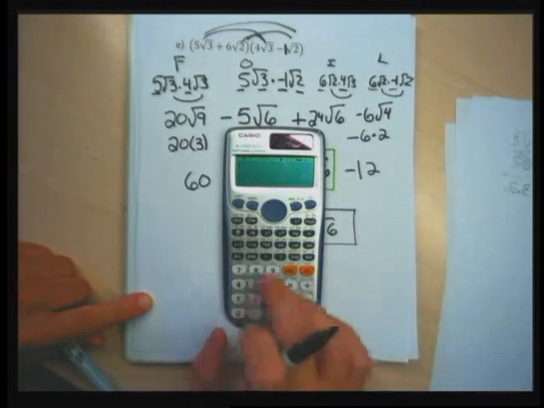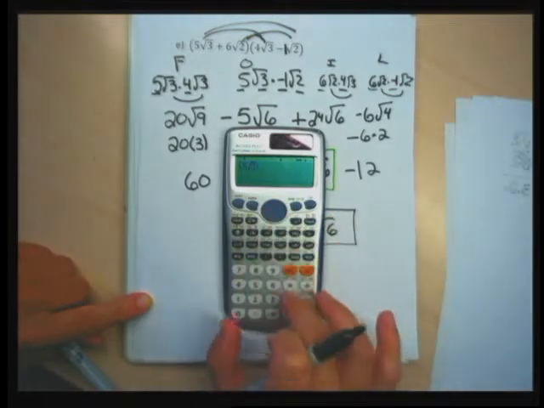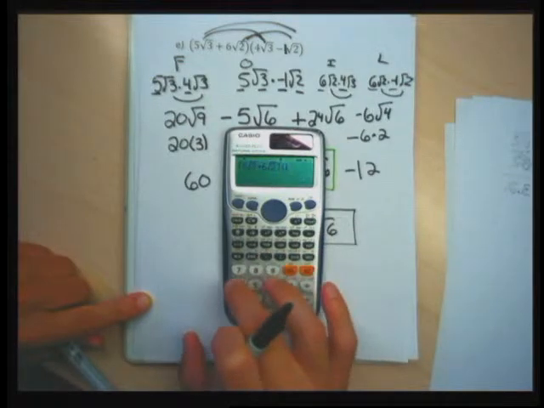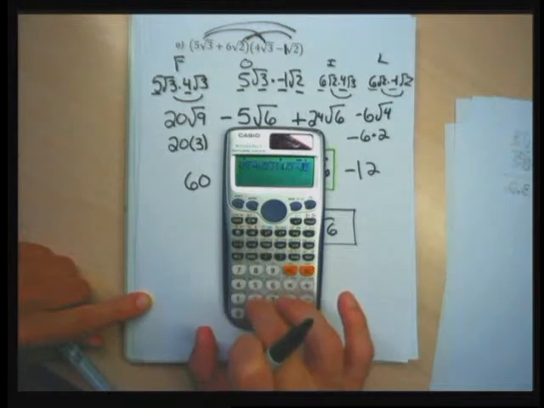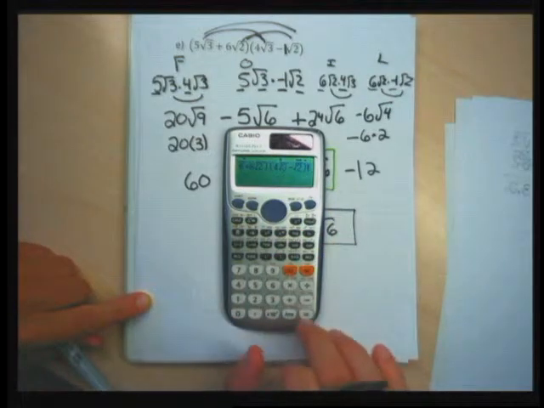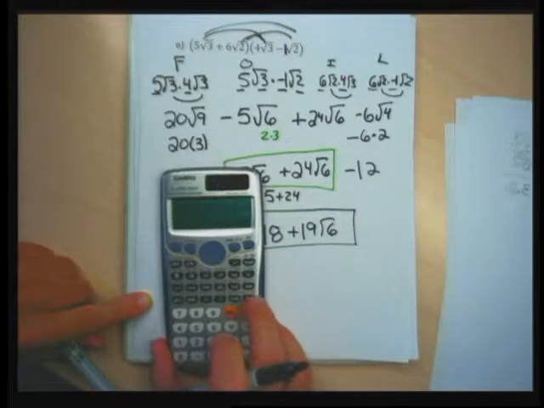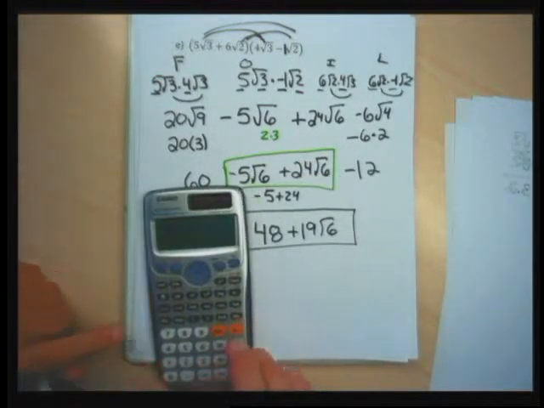Let me start over. Parentheses, 5 square root of 3 plus 6 square root of 2, parentheses, 4 square root of 3 minus square root of 2. Now I think I entered it right. Thank gosh. So I got the same 48 plus 19 square root of 6, so I feel pretty good about my answer because it matches up to what I did by hand.